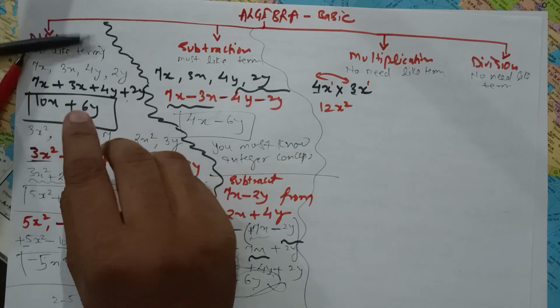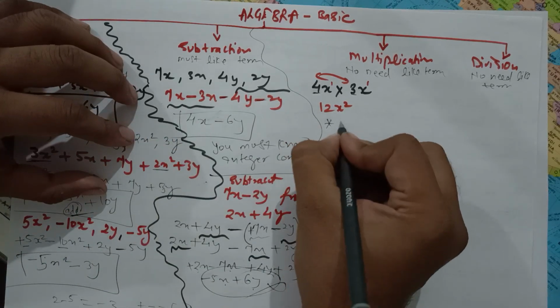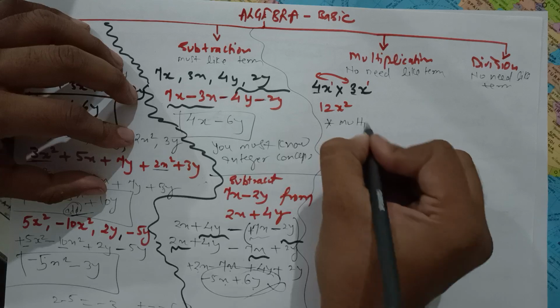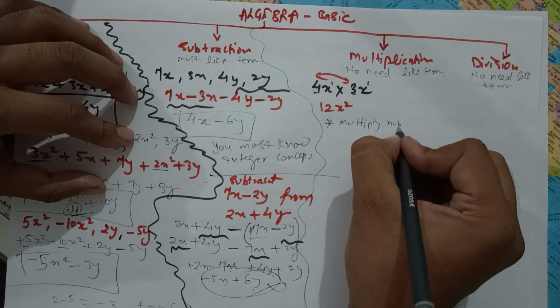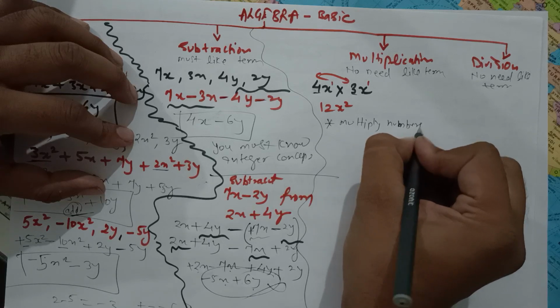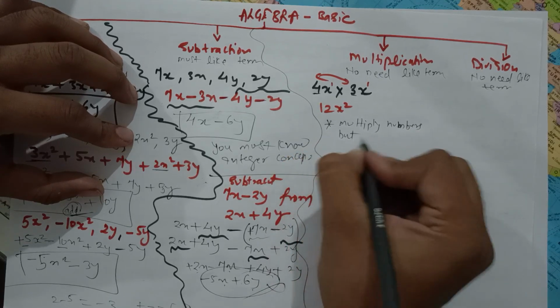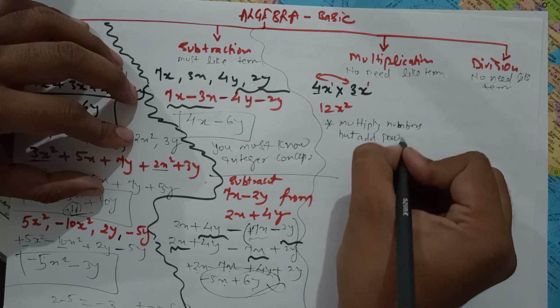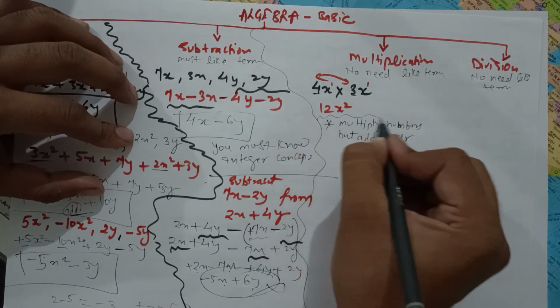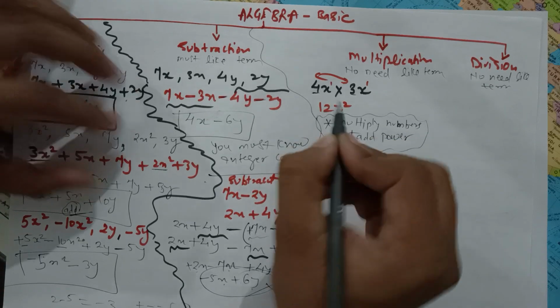Write the rule here. Multiply numbers but add powers in multiplication. This is the multiplication rule.